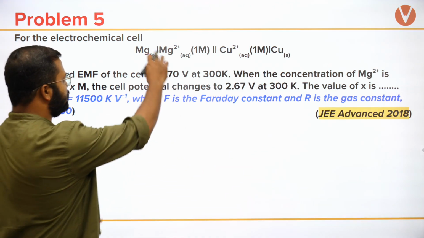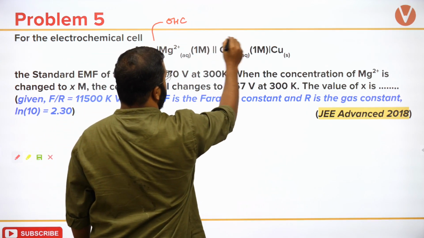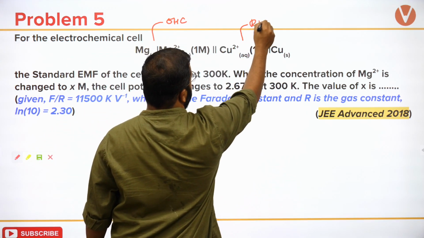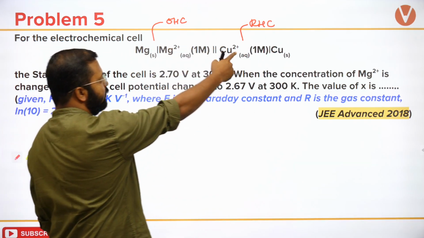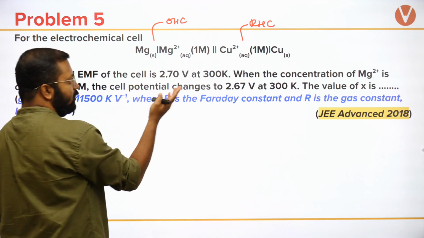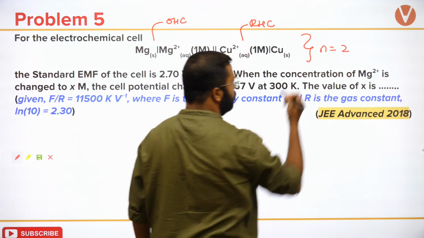Very easy question. You can see that this is the oxidation half cell, this is the reduction half cell. When it is oxidation half cell and reduction half cell, how do we solve the question? I just know that N is equal to 2.